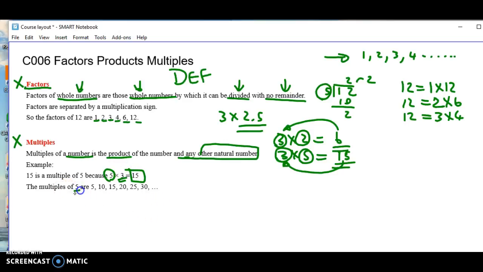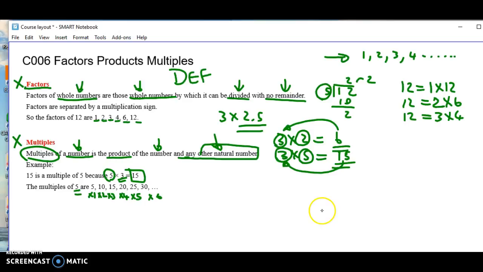So the multiples of 5 would be 5 times 1, which is 5, 5 times 2, which is 10, 5 times 3, which is 15, 5 times 4, which is 20, 5 times 5, which is 25, 5 times 6, which is 30. Again, it's important to remember that a multiple is the product of the number and any other natural number, like we've looked at.